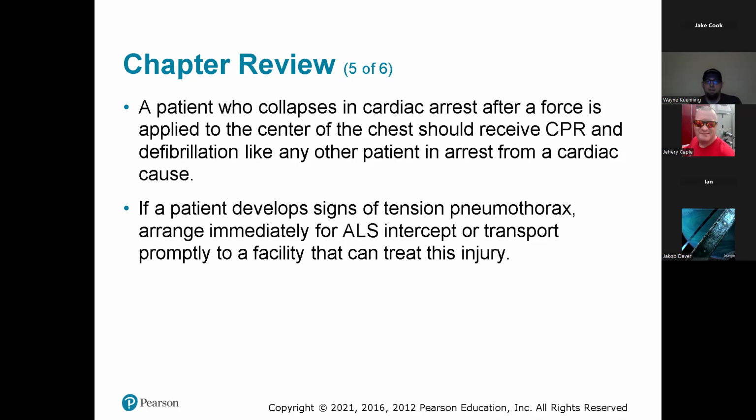They're talking isolated directly to the center of the chest. That's commotio cordis, disruption in cardiac function. If the patient develops signs of tension pneumothorax, arrange immediately for ALS intercept or transport promptly to a facility that can treat this injury.